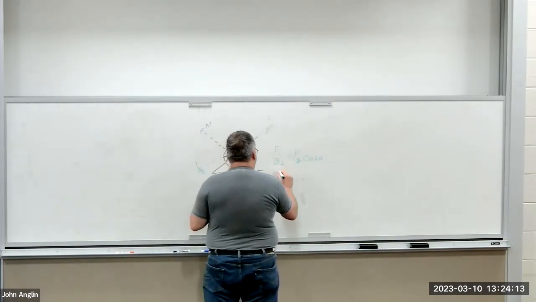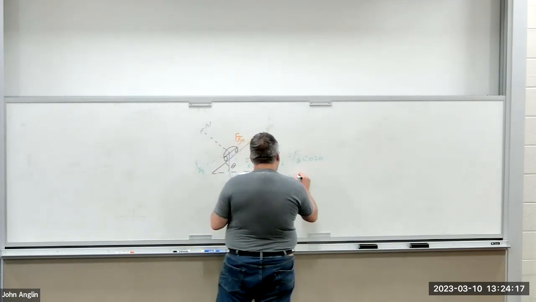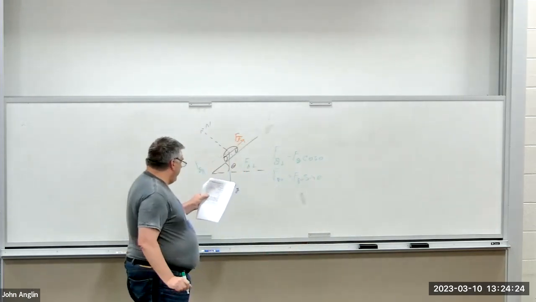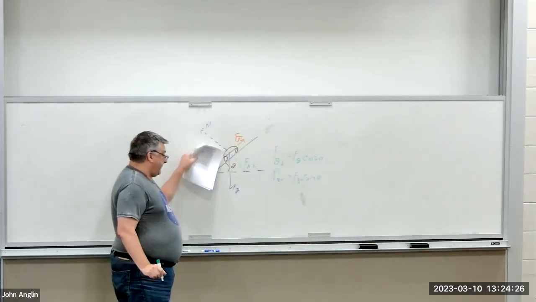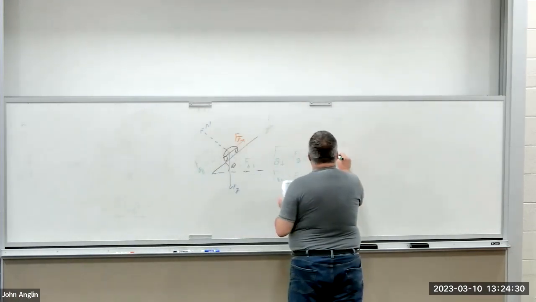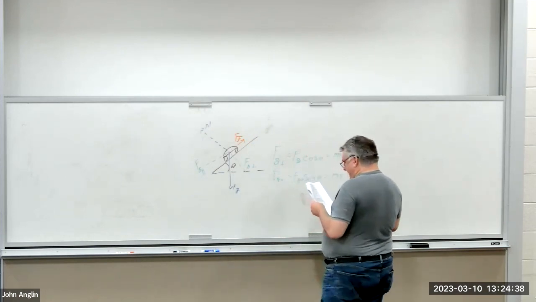That makes our force of gravity parallel to the road, the FG sine theta. Well, what's the force due to gravity? It's just the mass of the vehicle times the acceleration due to gravity. So this ends up being mg cos theta, and this ends up being mg sine theta.